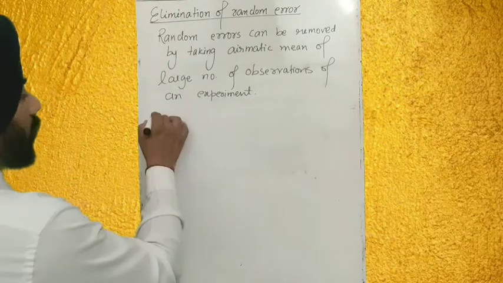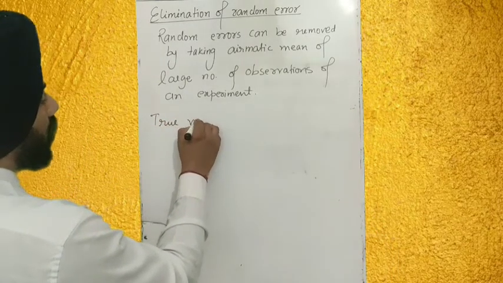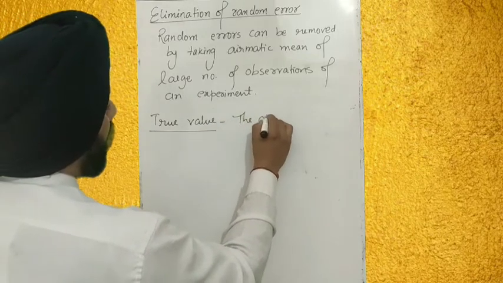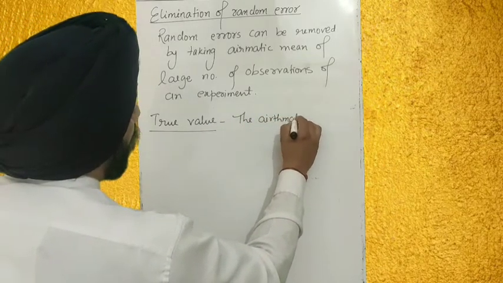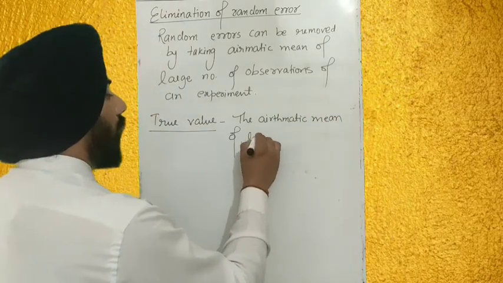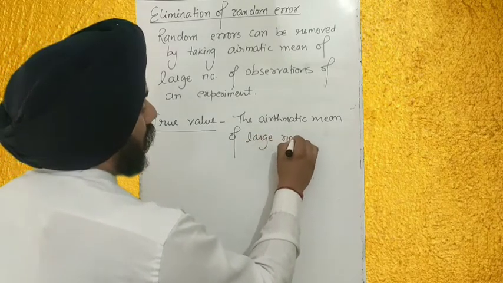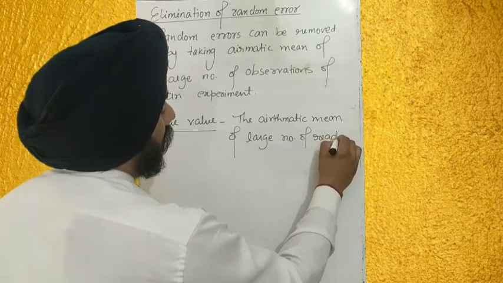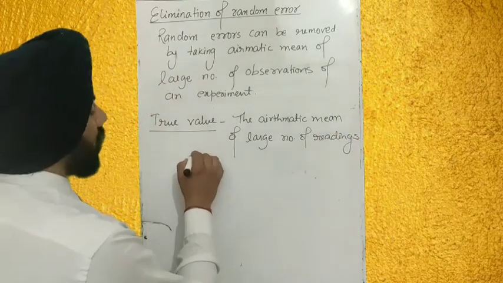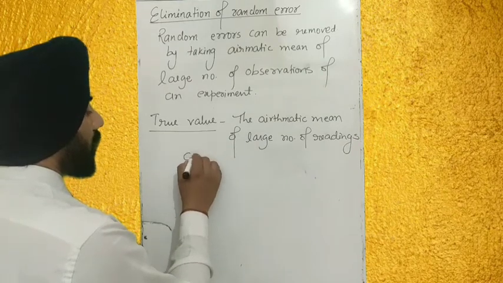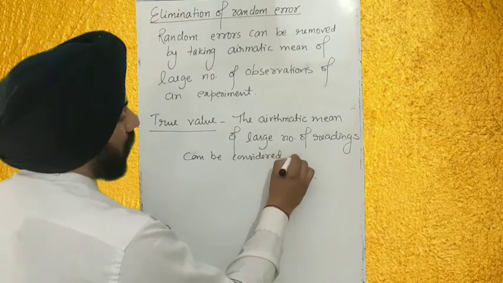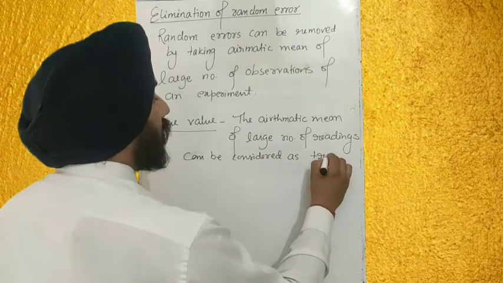So what is true value? True value, here it is: the arithmetic mean of a large number of readings can be considered as true value.